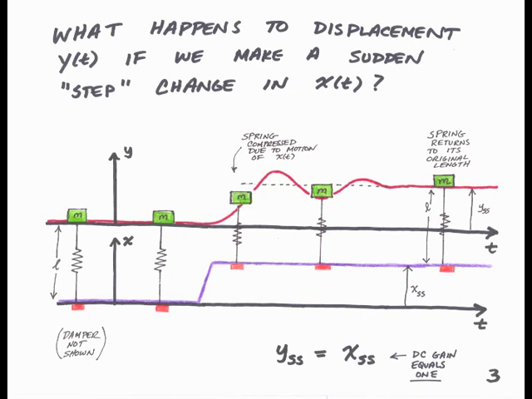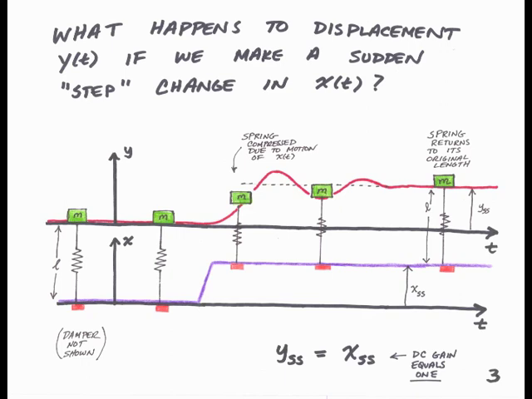After all, in a step, we go from a value of 0 to a value of 1 in an infinitesimal amount of time. And this physically can't happen for our base. It can't move that fast. But let's suppose that we have something very close to a step, so that it's moving very quickly from a value of 0 to 1, so quickly that we can treat it as a step when we think about the problem.